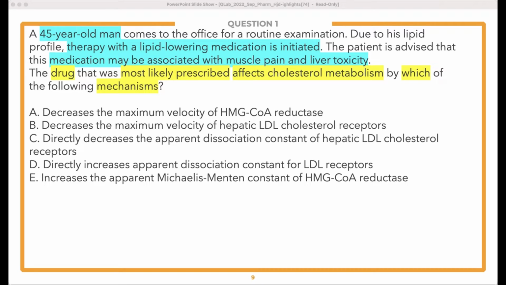So, the majority of you went with answer choice A, decreasing the maximum velocity of HMG-CoA reductase, while about a quarter of you went with answer choice E, increasing the apparent Michaelis-Menten constant. Okay, interesting.